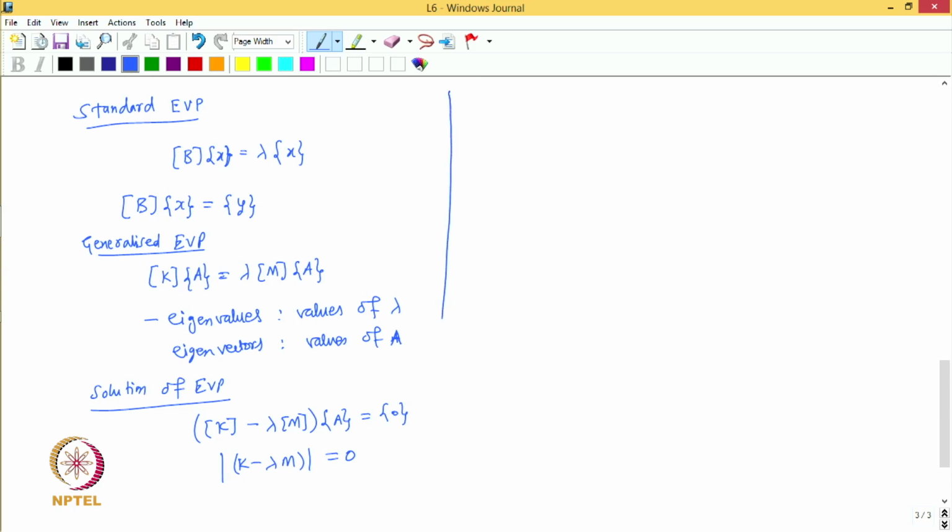So, this leads to a polynomial. Okay. So, you need to solve this nth degree polynomial in lambda in order to find the n eigenvalues, and then we need to substitute any particular eigenvalue back into the eigenvalue problem to find the corresponding eigenvector.